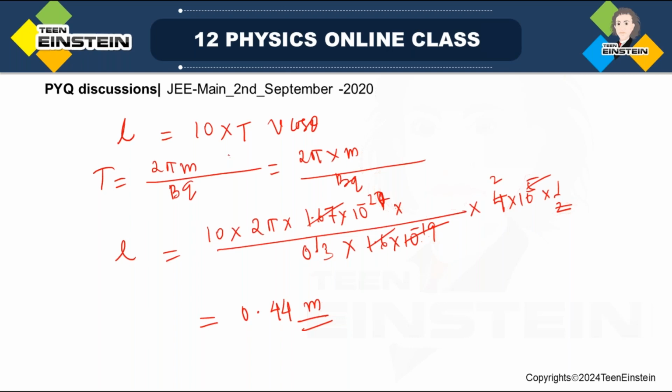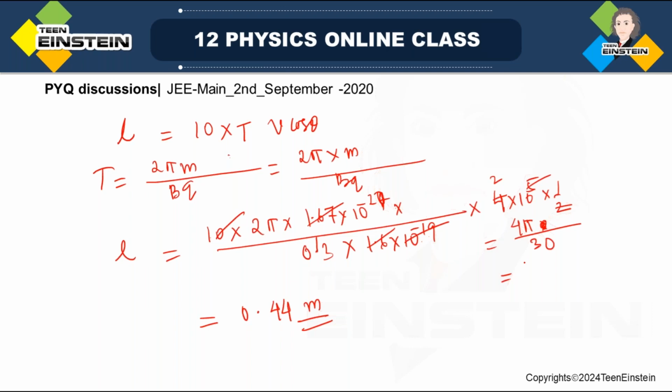Now you have got here 4 pi into 10. See, 10 is here. So 4 pi by 30. So this is the kind of thing you get here.